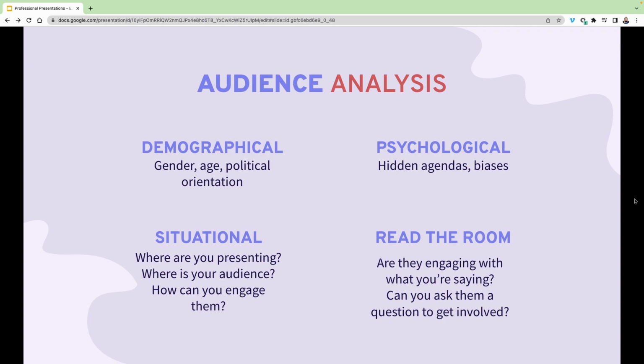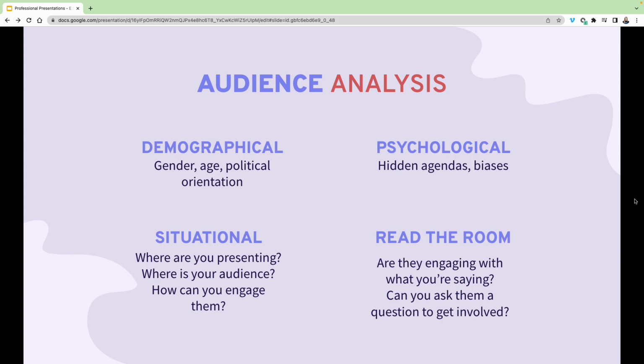So I have to take the lens of somebody who's happy with the product they have, and why would they want to listen to me about a new product and new features when they already have one that they like. This is something I have to think about as I develop my presentations in the business world every day.